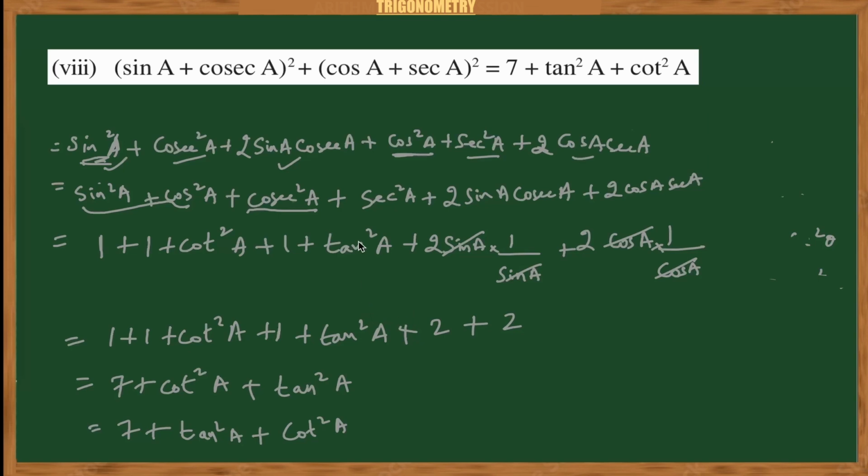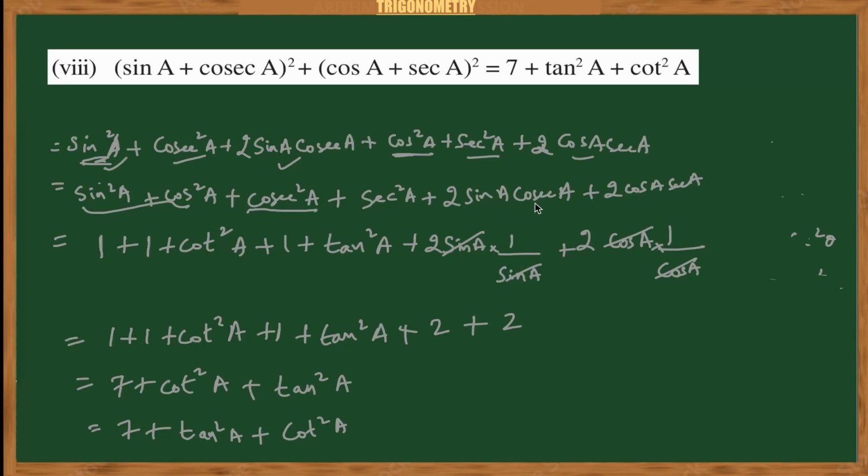So here what we did was, we wanted to simplify, but we have it in a square root format. There is no such formula, so we simplified it by our formula, a plus b whole square. Once we simplified, we saw whether we could utilize any of our formulas, and yes, we utilized it. We also saw that the reverse identities are there, something like a into 1 divided by a.